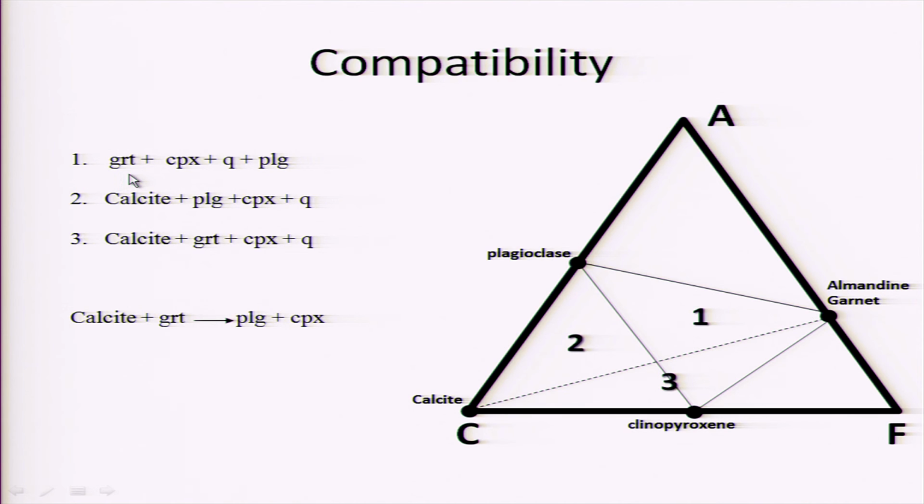One assemblage is garnet, clinopyroxene, quartz and plagioclase. If we plot the positions of plagioclase, clinopyroxene and garnet, then that will be represented by a triangular area. Remember, quartz is always present, so quartz is not plotted, but is present here. So this triangle marked by letter 1 represents assemblage 1.